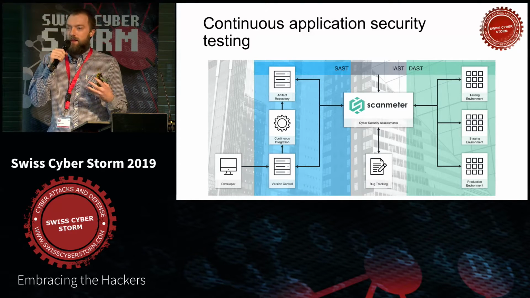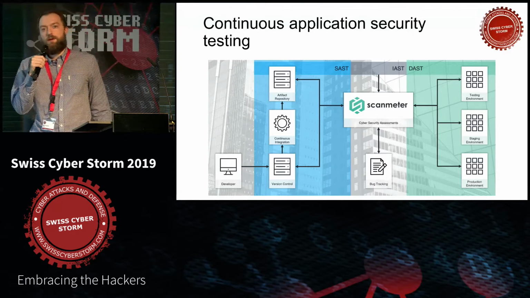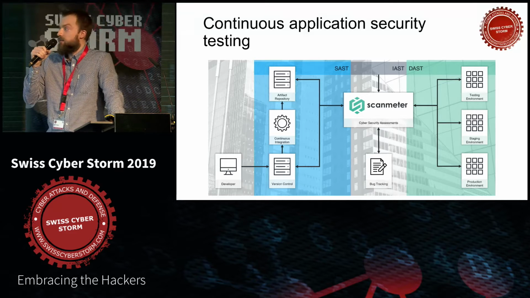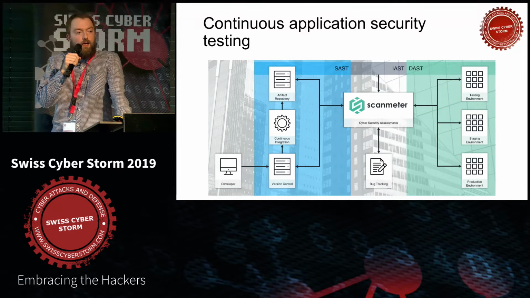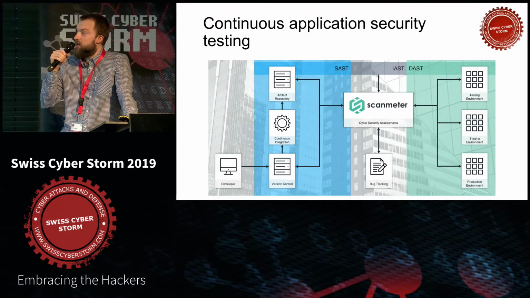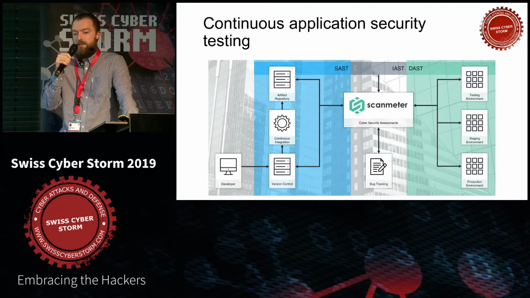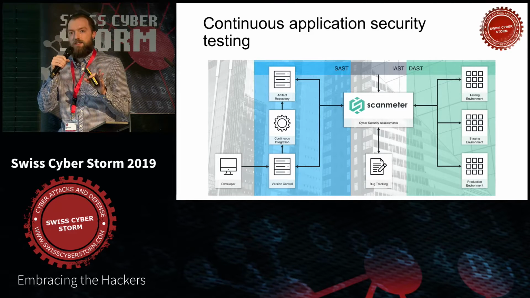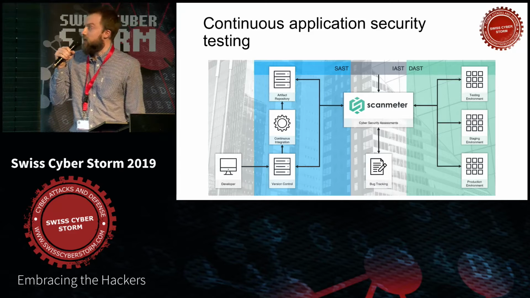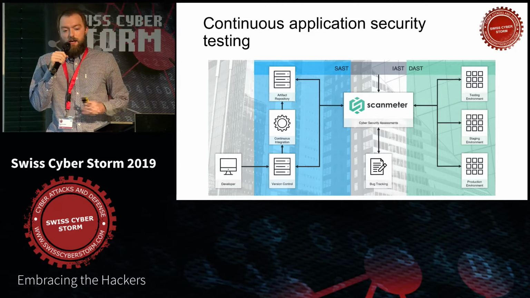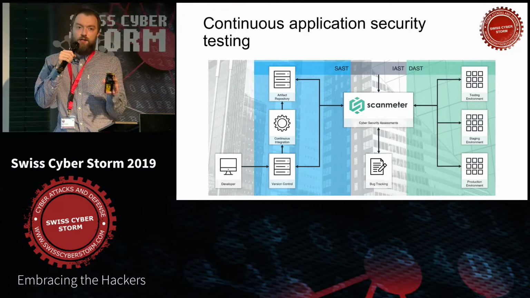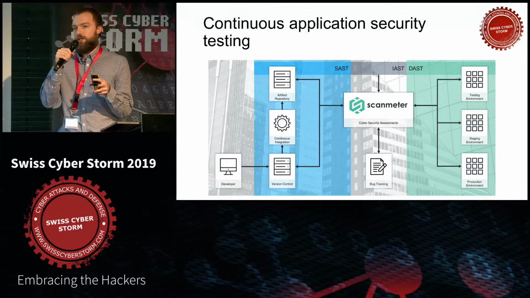This is also nothing new, so DevSecOps is a topic for a couple of years already, and I think it's very beneficial for security for a lot of reasons. But one reason is you can really plug security directly into the application development deployment process by testing every code commit directly for security vulnerabilities.